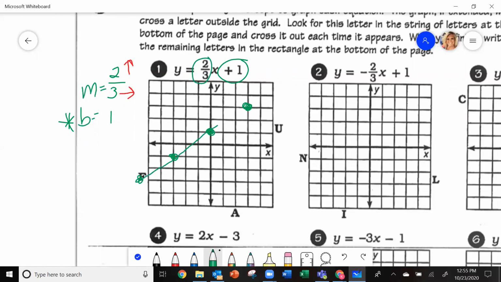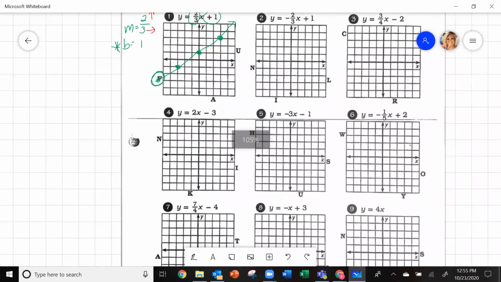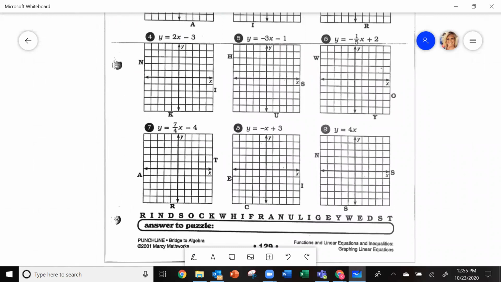Then when you draw your line, whatever letter you run into, see how there's the letter F? Wherever there's an F, I'm going to cross it out.